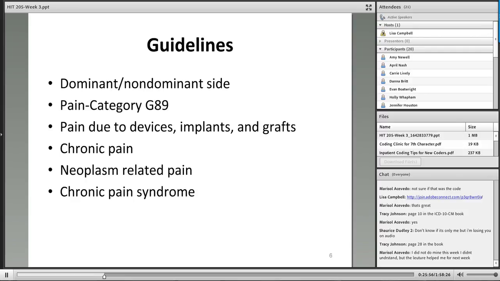Okay, next category is category G89. We just saw that in the previous guideline, because keep in mind, patients have multiple conditions. So on one chart you may have to look at guidelines for the nervous system, guidelines for the heart, guidelines for the endocrine system, but that's the way the real world coding process works.